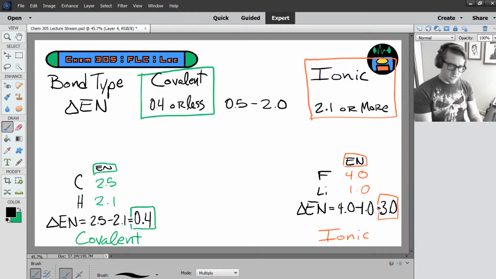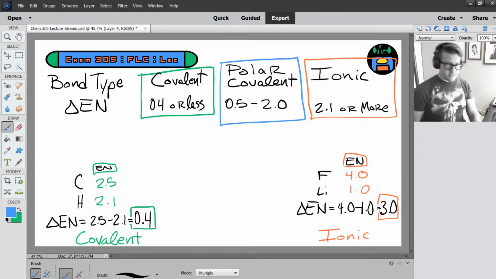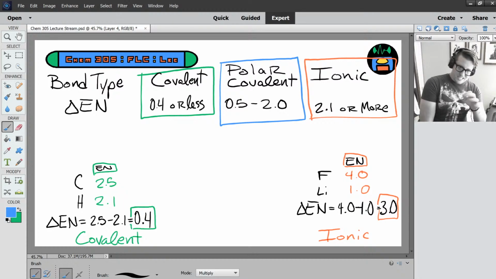They are a special kind of bond called polar covalent. Polar covalent bonds exist in this no man's land between ionic bonds and covalent bonds. So what does that mean? Well, it's a little bit of both.